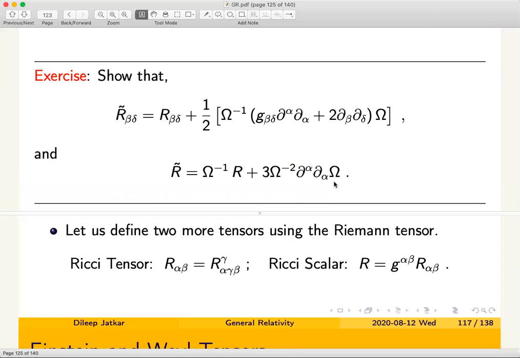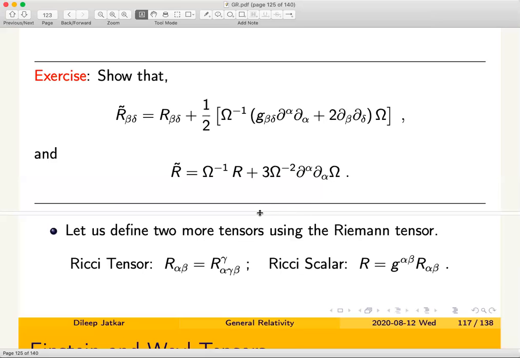So it is a useful thing to remember this kind of mnemonic, because every time you try to do these computations, you need to at least get a quick picture as to how many g's and how many g inverses are there in your expression. This way of remembering that the Ricci tensor is effectively g inverse derivative g, whereas the Ricci scalar is g to the minus 2 times derivatives of g, is a useful mnemonic to remember.